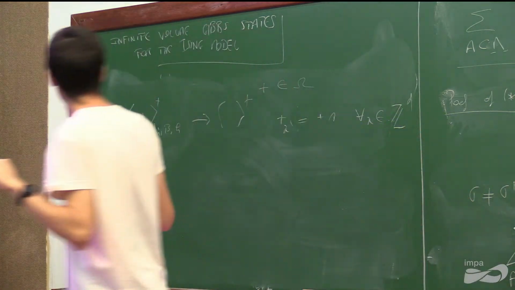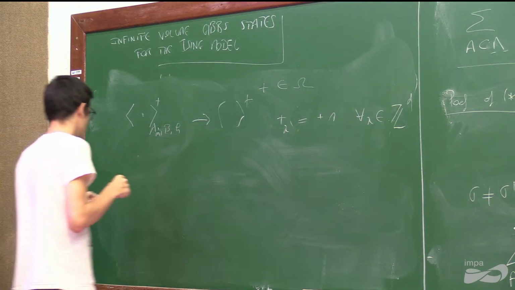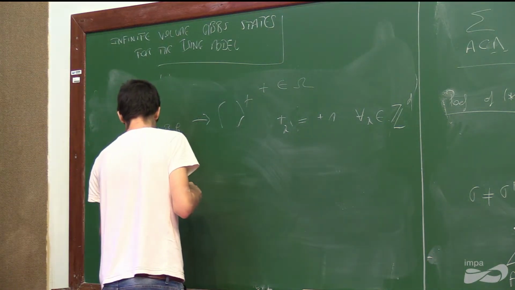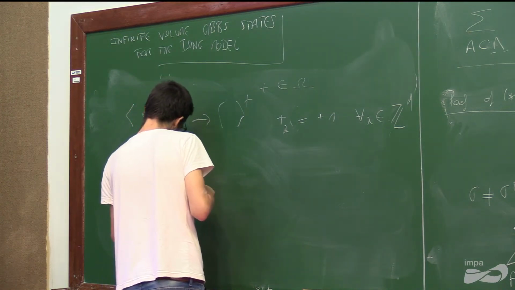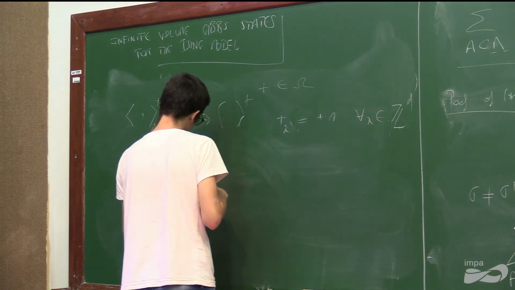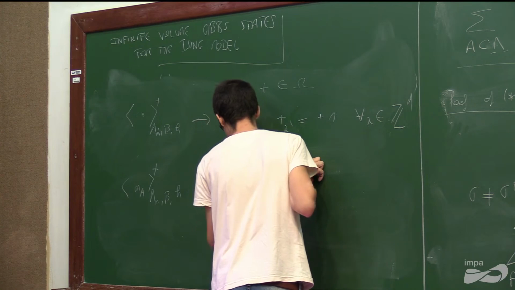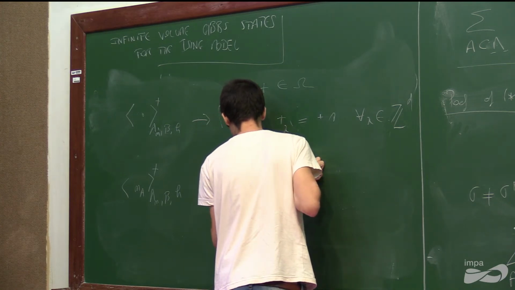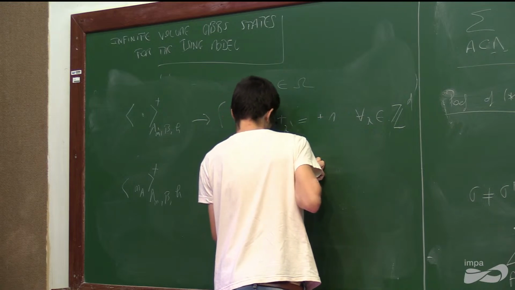So why is it so? Well, the idea is that if you take the average of NA here, it is a non-increasing sequence.